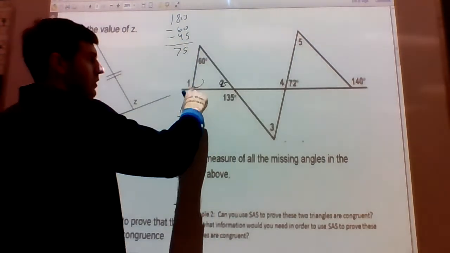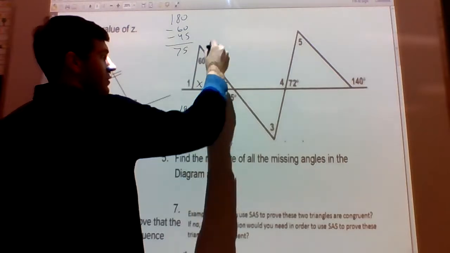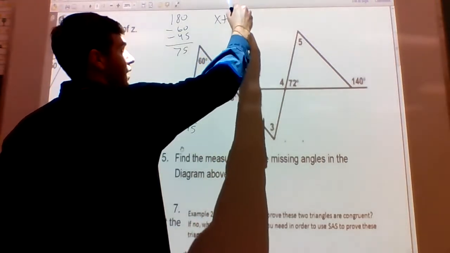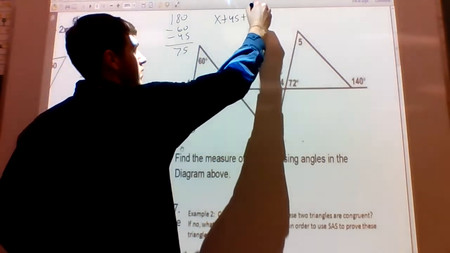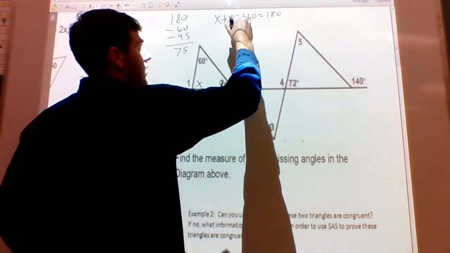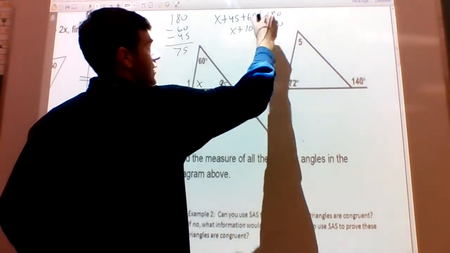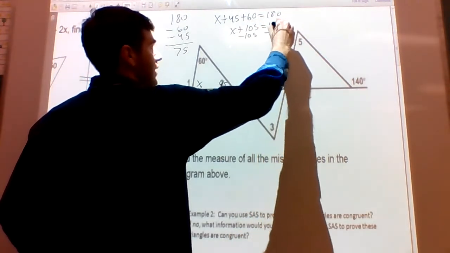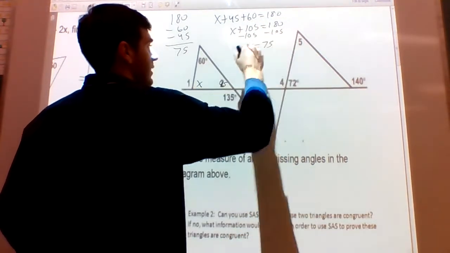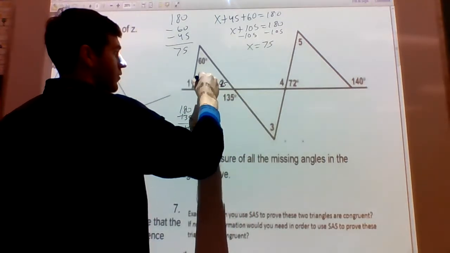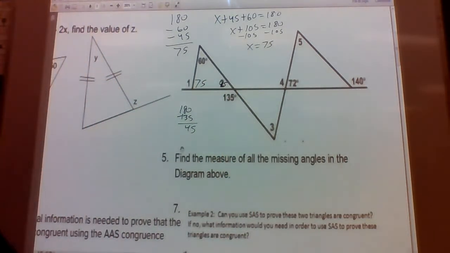Or we can make this a variable, say x, and say x plus 45 plus 60 equals 180. x plus 105 equals 180. Minus 105 from both sides, x equals 75. Either way, whatever you're comfortable with, we get 75.